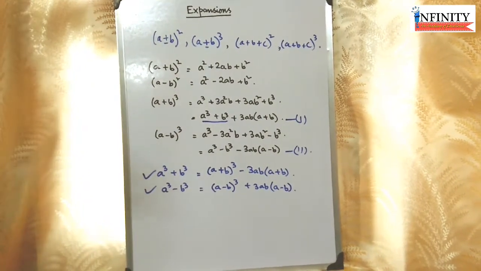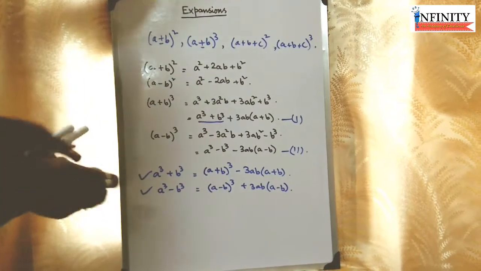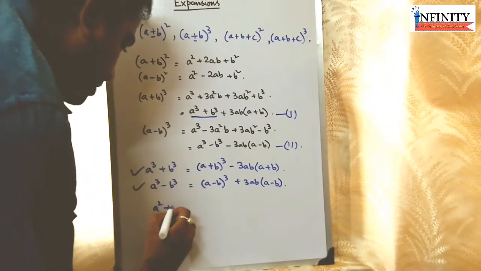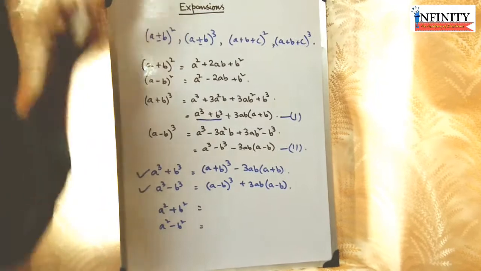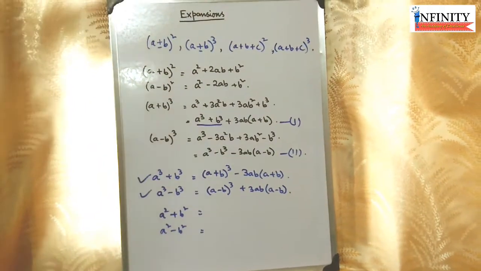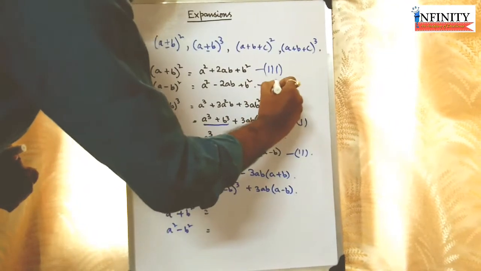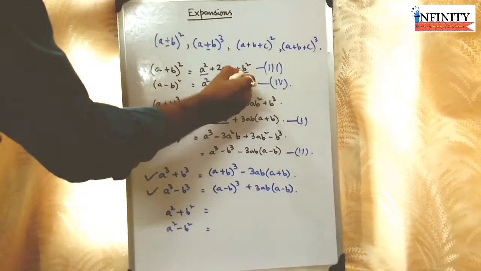From the formulae for (a+b)² and (a−b)², we can also make two formulae, that is a² + b² and a² − b², similarly as a³ + b³ and a³ − b³. Follow these two formulas from 3 and 4. What will be the formula for a² + b²?